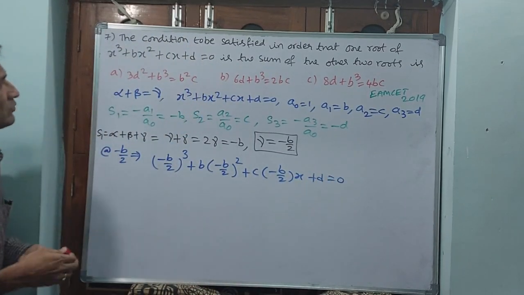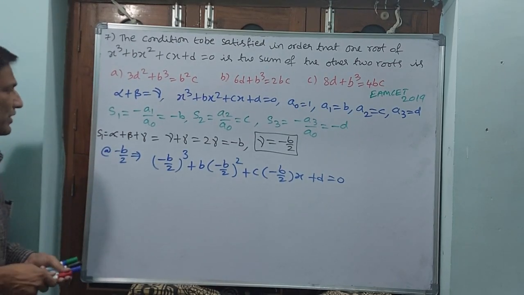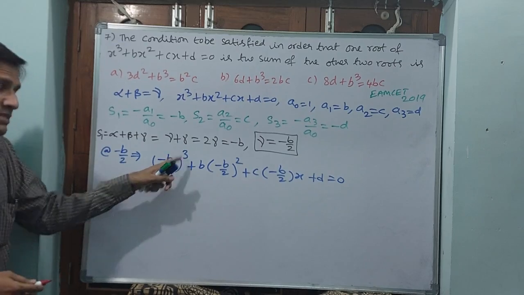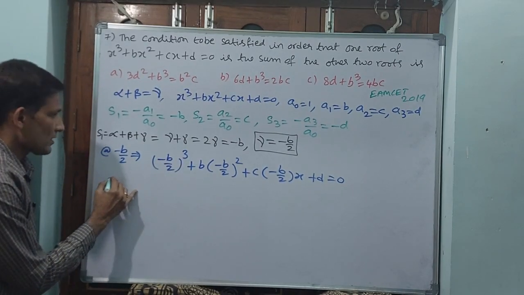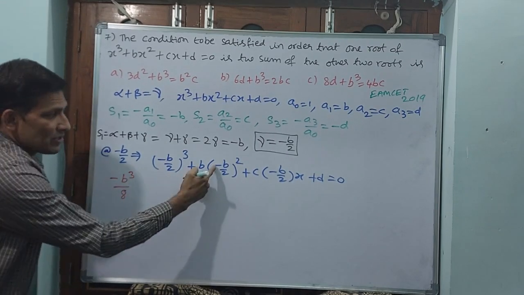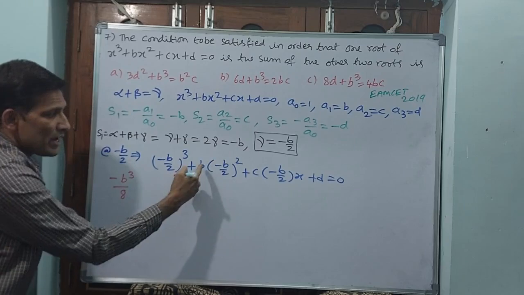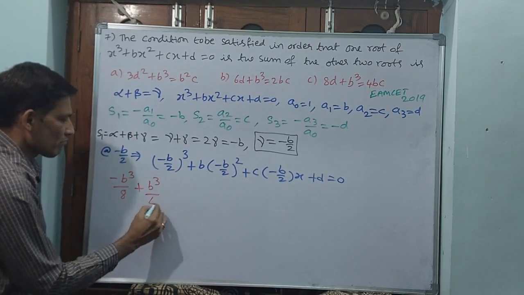If you solve this, we are going to get the answer. Minus b cube means only minus will come, minus b cube by 8. But the square is plus, so it becomes b square into b, plus b cube by 4.